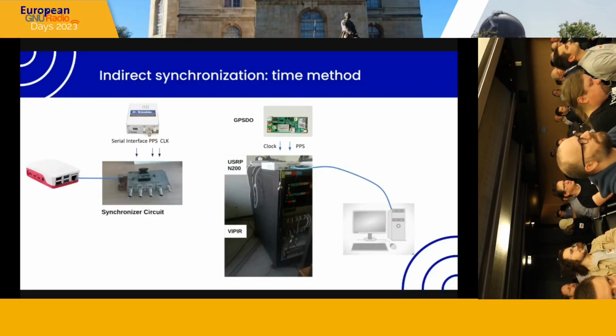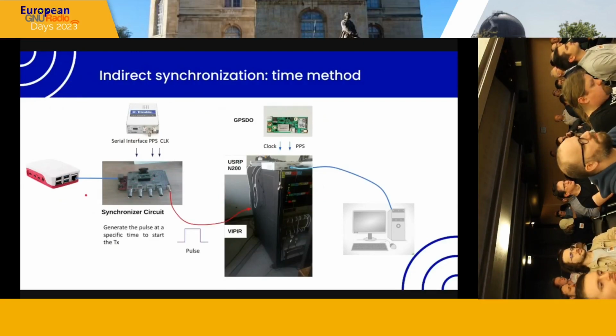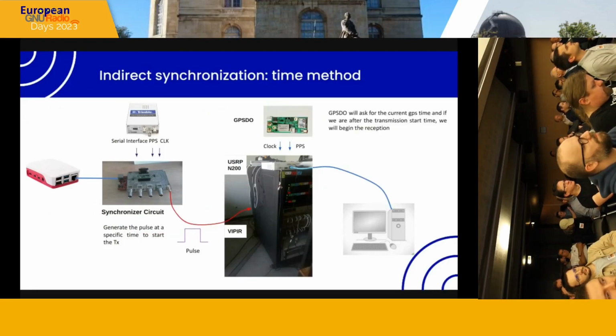We are also using the synchronizer circuit only for transmission. This circuit will also generate a pulse, and we will know at which exact time the transmission started. And from the GPSDO, we will ask for the GPS time, and if we are after that time, we will begin the reception. This is the first idea that we had to synchronize in this proposed design.